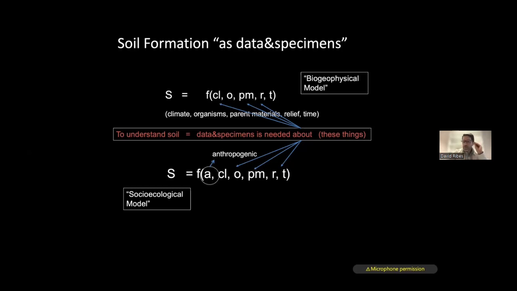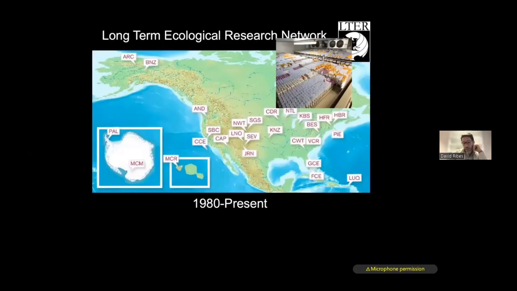What I really want to emphasize here is that all of this data they'd been collecting for many, many decades, starting from the 1980s, but actually in some places longer, didn't go away when they started thinking something different. When they started thinking about socio-ecological soil, they didn't throw out all the things they'd collected before, they repurposed them.